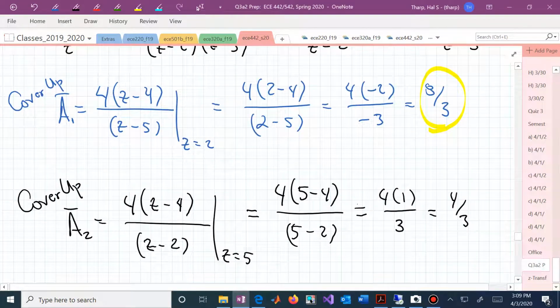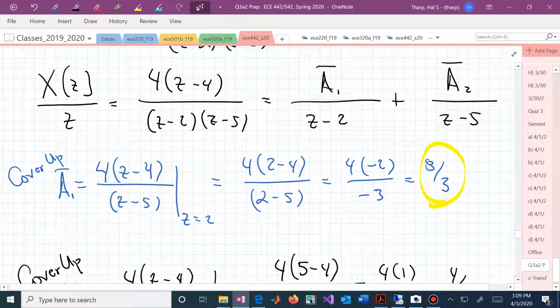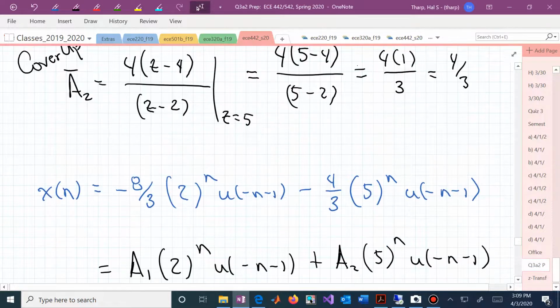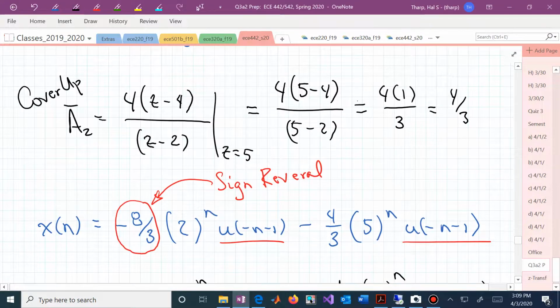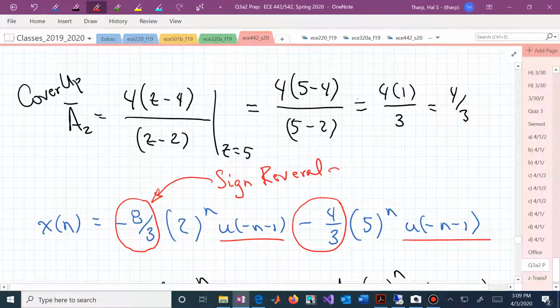In the frequency domain, 8/3 is a positive coefficient, so we need to change the sign when we go into the time domain, and that's why we have this minus 8/3 here. We have a sign reversal because we're dealing now with non-causal waveforms. Likewise, the A2 bar was 4/3. We have a sign reversal.